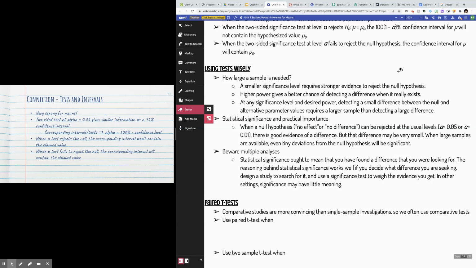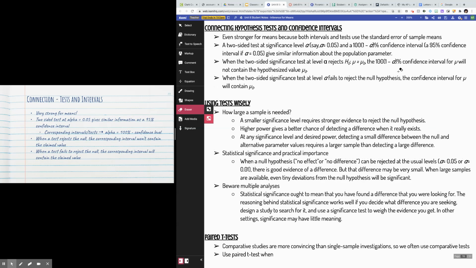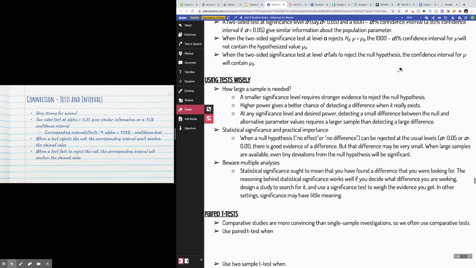But the key things to remember from this little video are that there is a pretty strong connection between, say, a test at an alpha level of 0.05 and a 95% confidence interval. They're going to tell you similar things. The larger the sample size, the more likely you are to detect these maybe very small differences between your assumed value and your sample value.